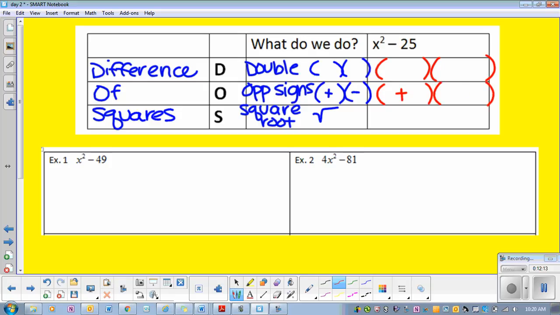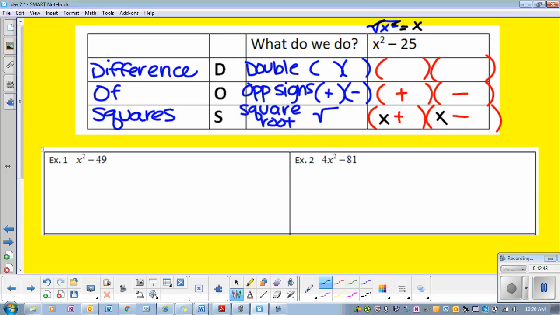One is plus, one is minus. And then I'm going to square root both terms. So let's see. Square root of x squared is what? Those cancel out. You get x. And that goes in the first spot because this was the first term.